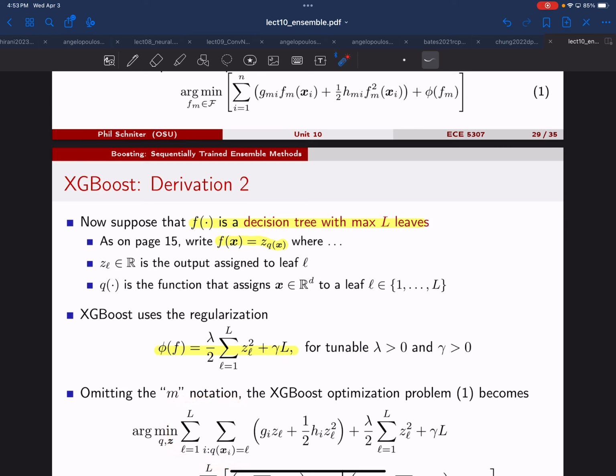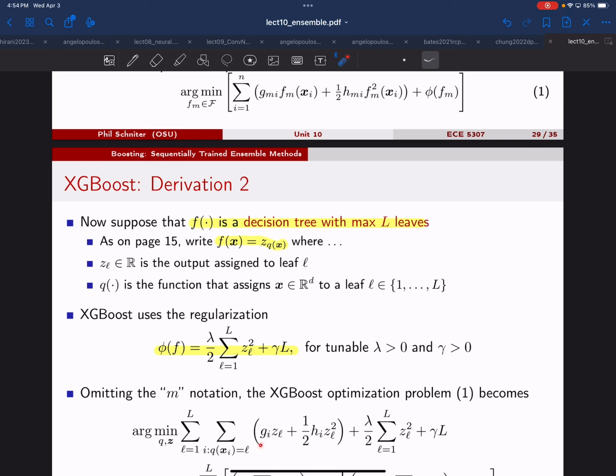In this case, we said, look at the training samples for which the tree puts it in leaf L, and then sum over the leaves L. That allows us to replace this with ZL. So that's what we have over here. Oh, and we're going to omit the M notation just to make everything look nicer. So the M's are there, but we're not going to write them.